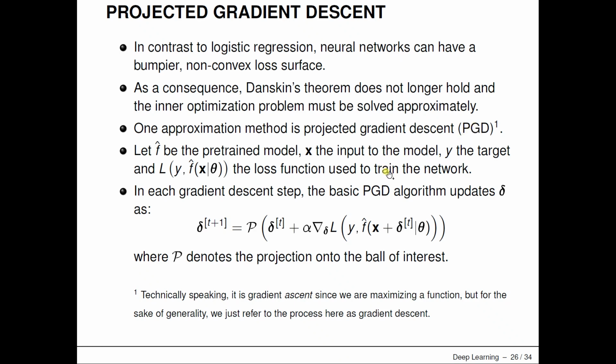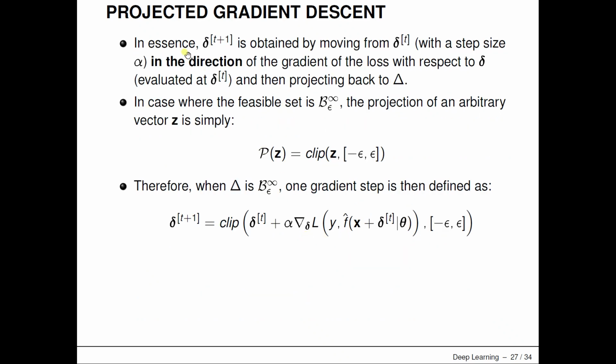Each step of the basic PGD algorithm updates the adversarial perturbation by using the corresponding loss gradient and then projecting the result onto the fixed perturbation ball. You can see the formula here. This big P is projection.